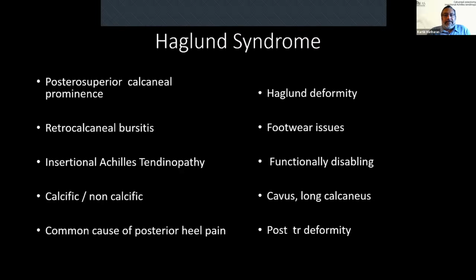We know that it causes significant footwear issues, and it is functionally disabling, particularly to the elite athlete population, the long-distance runners. As Yves has also mentioned, there are significant morphological variations of the os calcis, in particular the long calcaneus or the candy twirl calcaneus. Also, this condition is associated with sagittal malalignment of the os calcis, particularly in cavus, but can also happen with a valgus hindfoot.